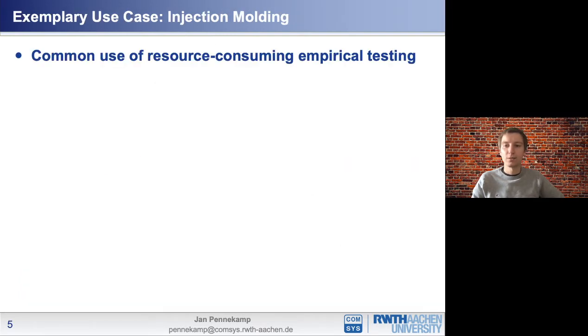Now, for this talk, we're going to consider a use case in the domain of injection molding, where the current best practice to set up new production lines is to use resource-consuming empirical testing. With resource-consuming, I mean time, material, and machines alike. This process results in quite some waste because the machines are reconfigured and then a new batch is tested and so forth.